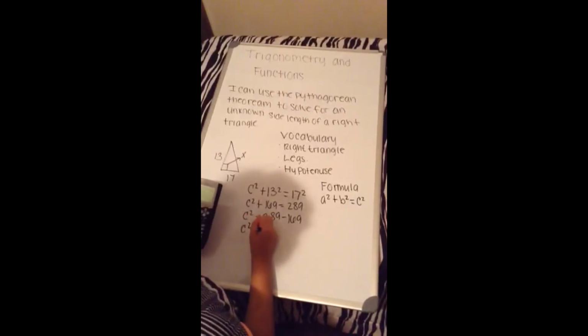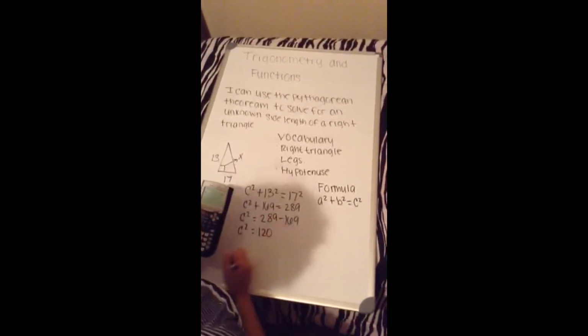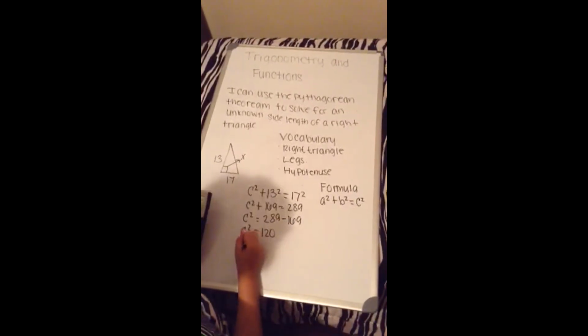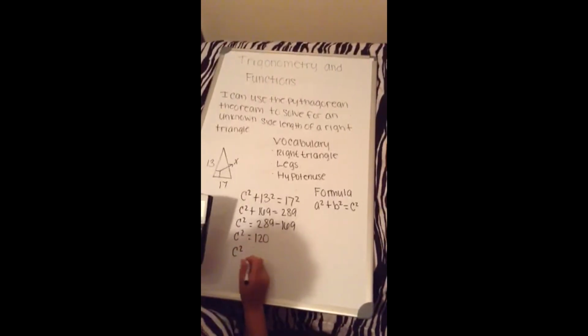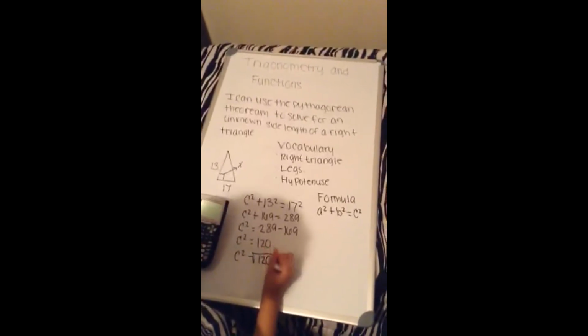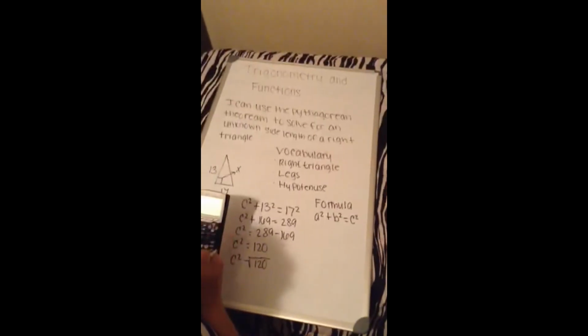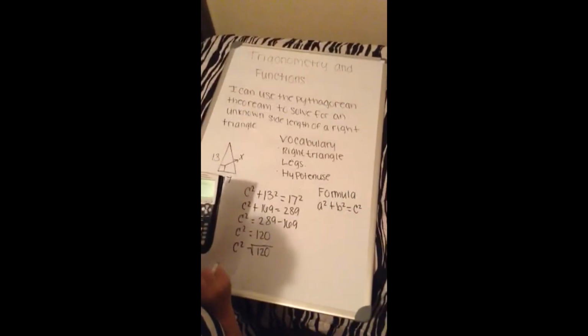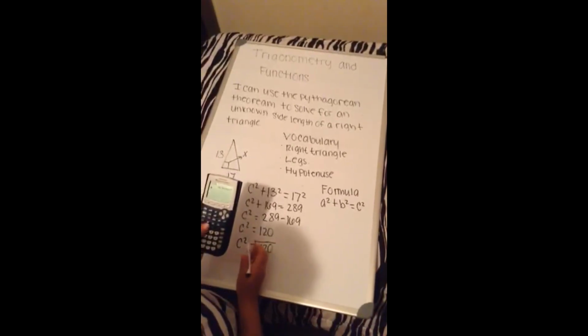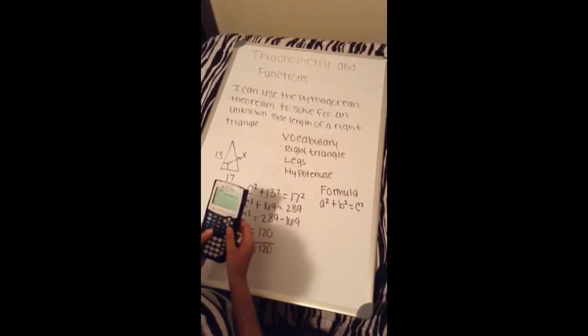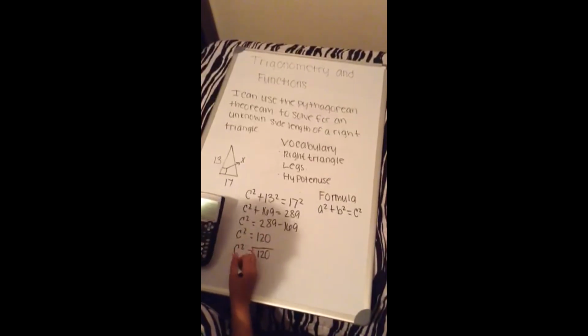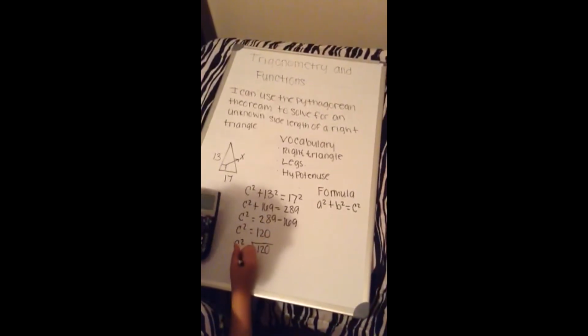So C squared is equal to 120. And then after that you have to find the square root of 120. The square root of 120 is approximately equal to 10.95.